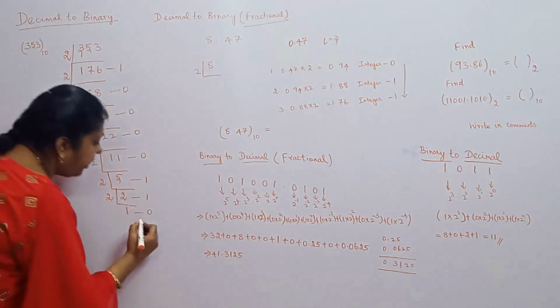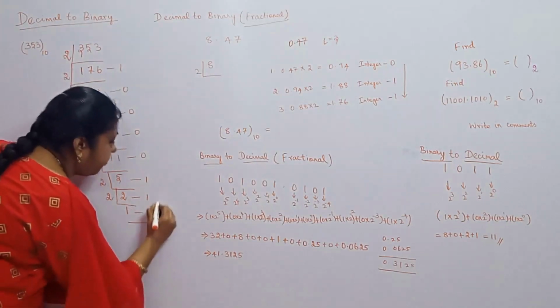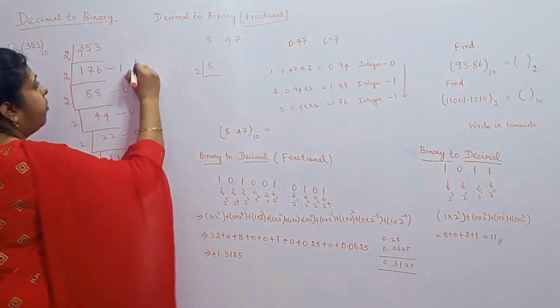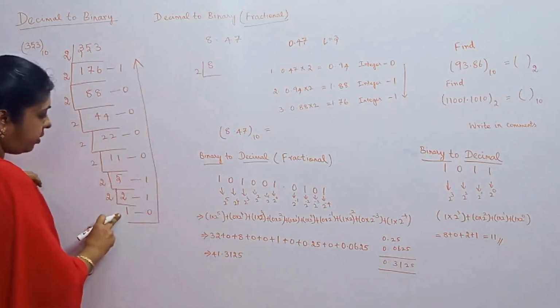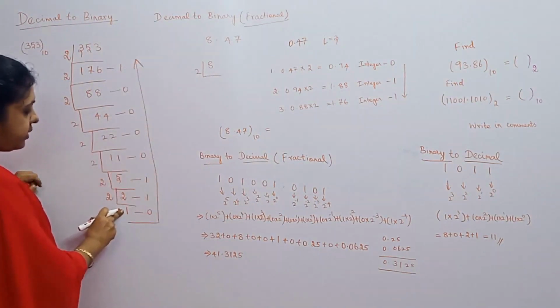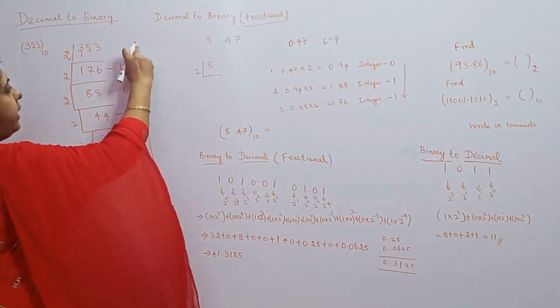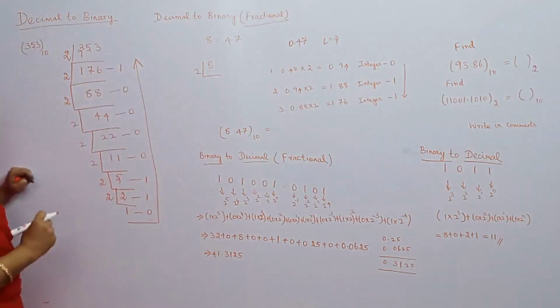So how we can write is, starting from this 1 as the first digit, we have to keep on writing till the top.